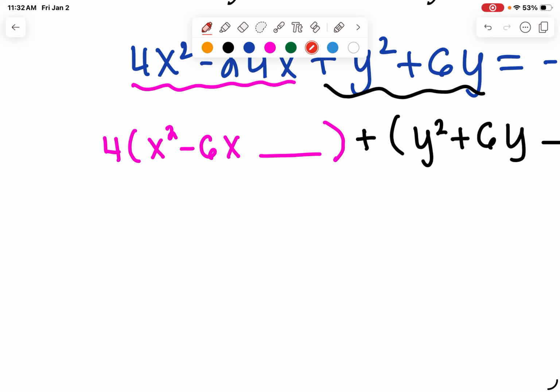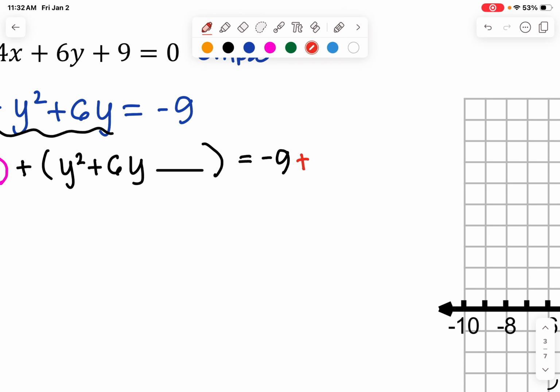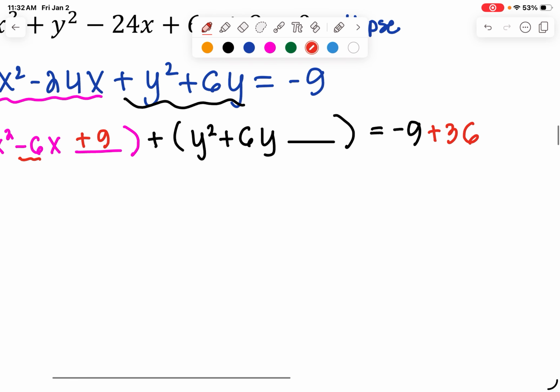We're going to take half of negative 6, which is negative 3, and square it, which is a positive 9. So by putting a 9 right there, I've added 36 to this side. So I'm going to balance the equation by adding 36 to this side. I'm going to take half of b, which is 3, and square it, which is 9. And by putting a 9 there, I've added 9 to that side.